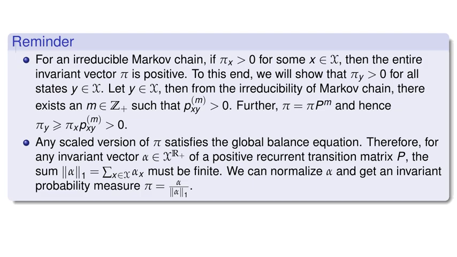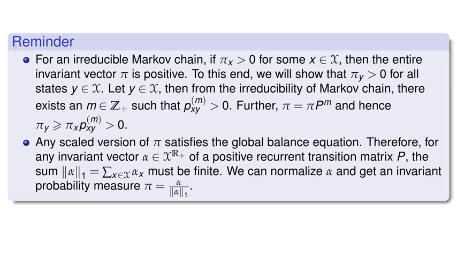Also, it's important to note that any scaled version of pi will also satisfy the global balance equation. Therefore, for any invariant vector alpha, which is a vector in R raised to script X with non-negative components, of a positive recurrent transition matrix P, the sum of its components, which is the L1 norm of alpha, norm alpha sub 1, must be finite.